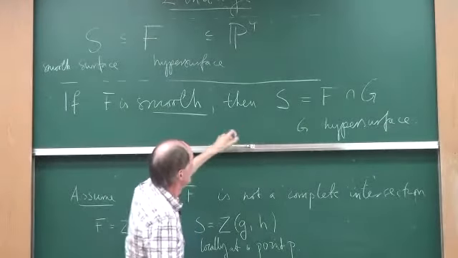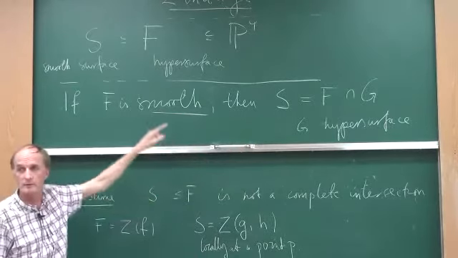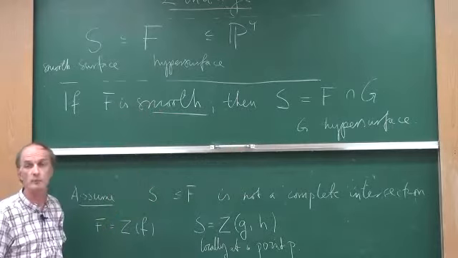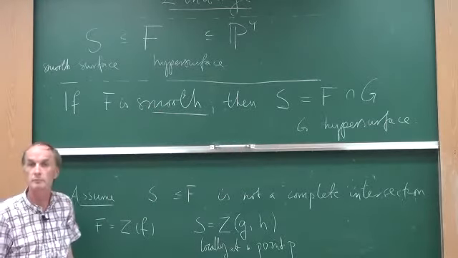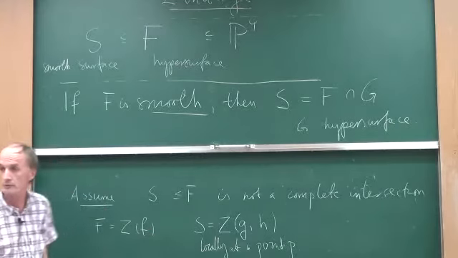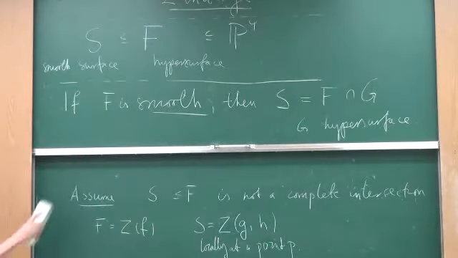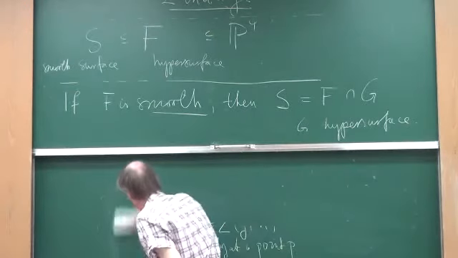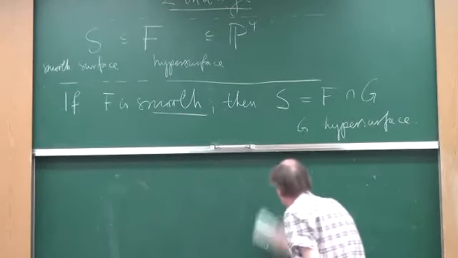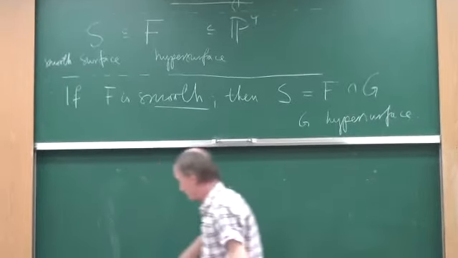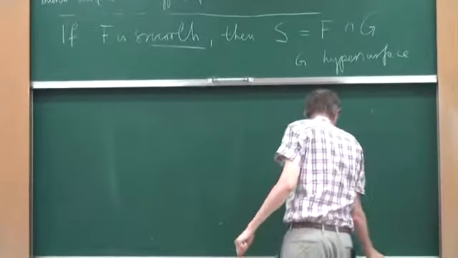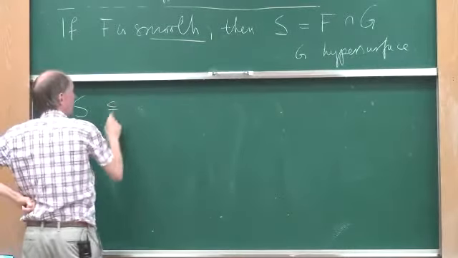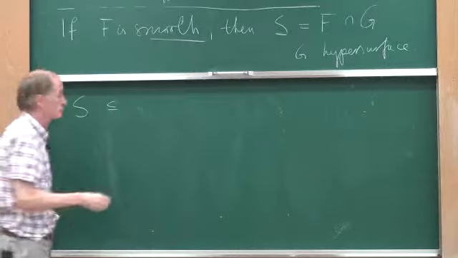If you think about the Barth-Larsen theorem, I said any surface in a smooth hypersurface is a complete intersection, whether it's smooth or not. But let's use that somehow, or let's look at the case S inside a quadric.